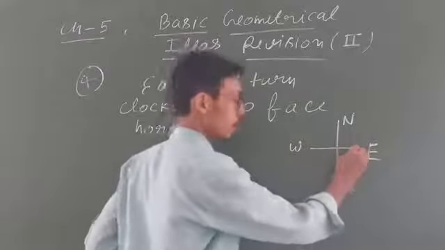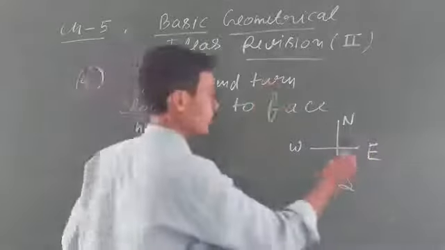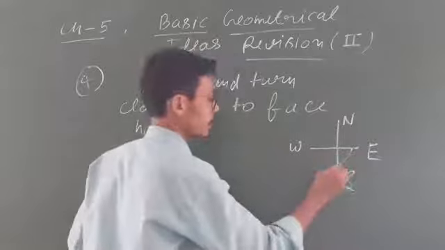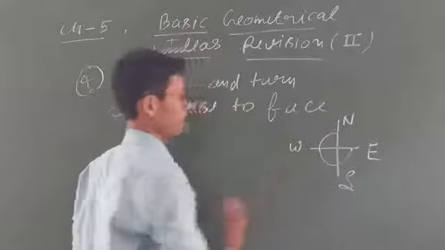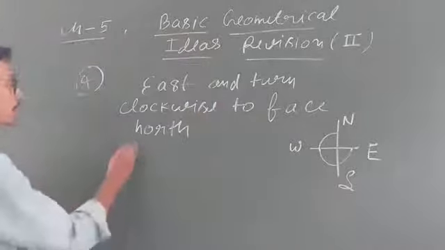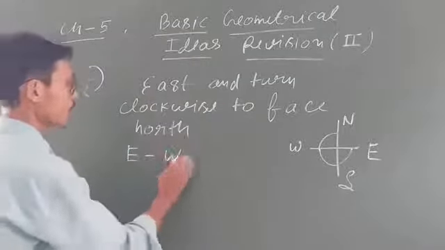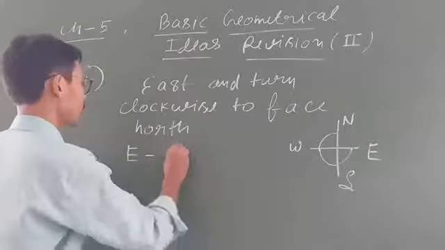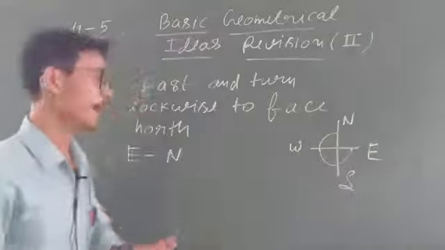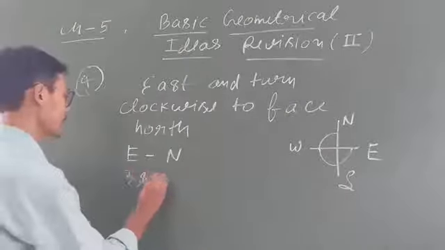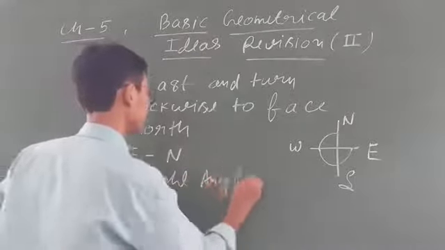East is there. You have to move clockwise. So east to south 90 degrees, south to west another 90 degrees, then west to north another 90 degrees. Clear, students? So when you are moving east to north, total how many right angles? 1, 2, 3. 3 right angles.